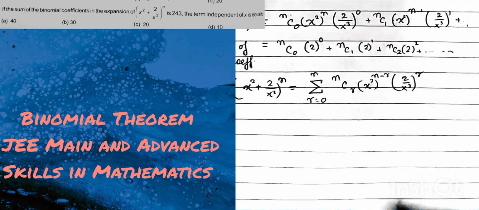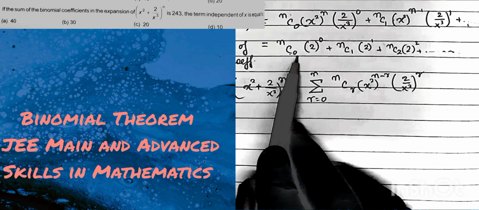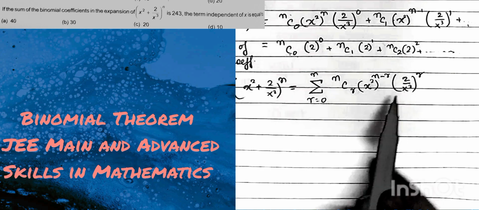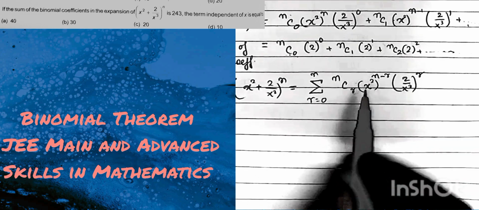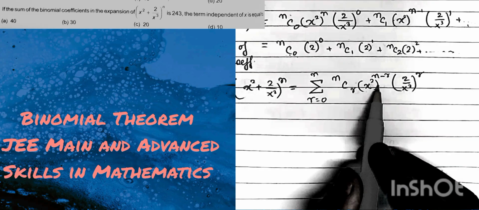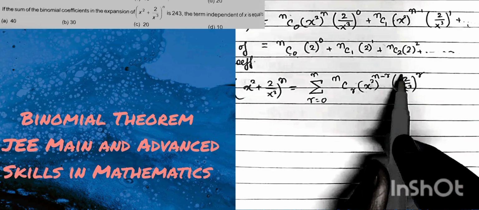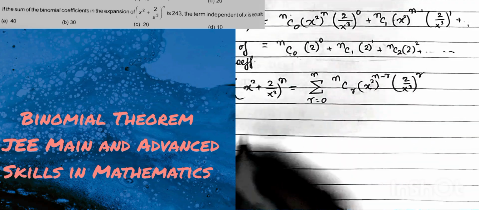This is the general form of this binomial expansion. When we're talking about the sum of the coefficients, this can be achieved if we put the value of x as 1. Then we always get something in terms of 1, which varies its sign, and also something in terms of 2 to the power r. So it gives us this form of structure.